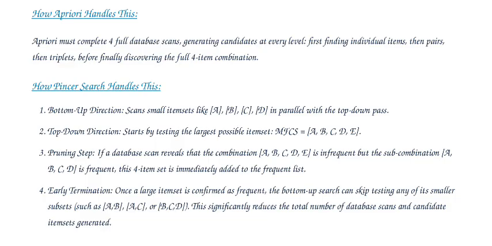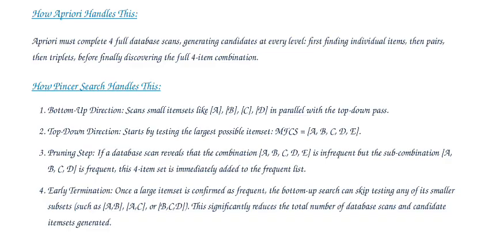Pruning step. If a database scan reveals that the combination A, B, C, D, E is infrequent but the sub-combination A, B, C, D is frequent, this 4-item set is immediately added to the frequent list. Early termination.